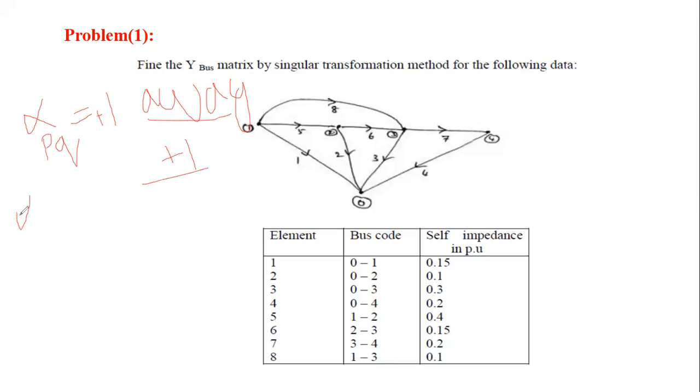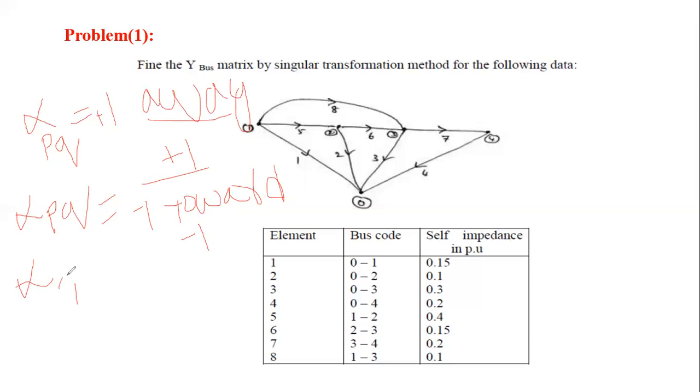Then alpha PQ is equal to minus 1 when the element is directed towards the node. Towards means it is represented as minus 1.